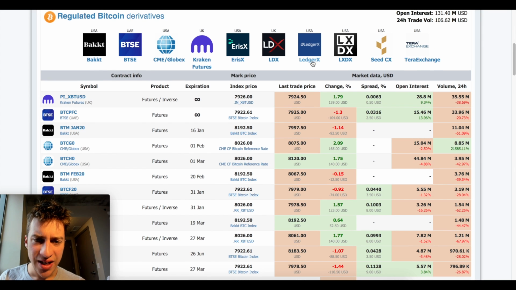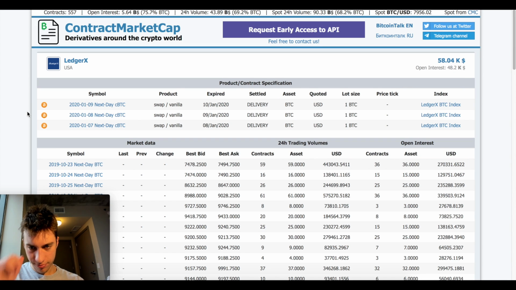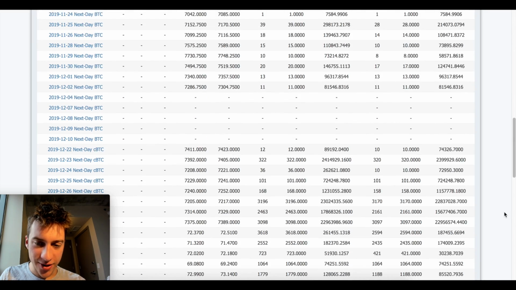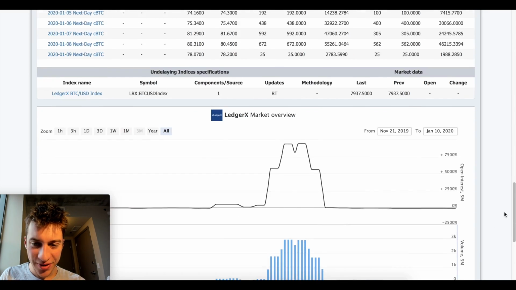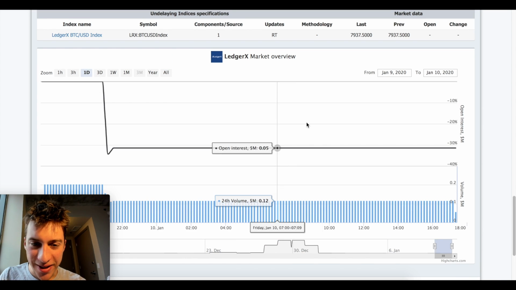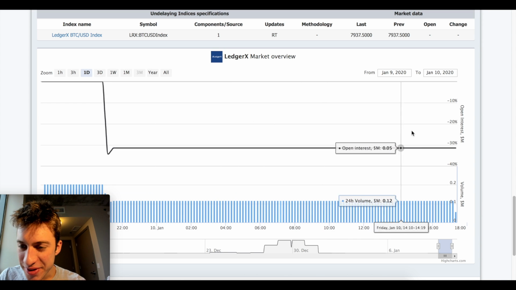Yeah, this data is really, really cool. I mean, even if someone was like, hey, what's the open interest data on LedgerX? I want to know. Look at that. I can't even tell you guys, it's so beautiful. That is weird open interest.